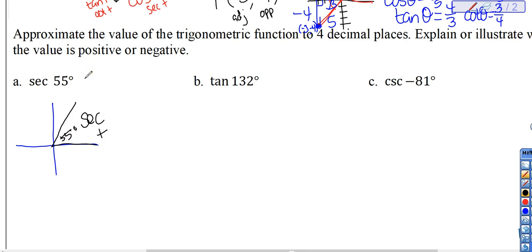My calculator has to be in degree mode, and your calculators might be in radian right now, so you need to check your mode. Okay, how are you going to type this in? You don't have a secant button. Yep, you're going to write it as 1 over cosine of 55, because you need to use your reciprocal function, cosine. So 1 over cosine of 55, it better be positive.